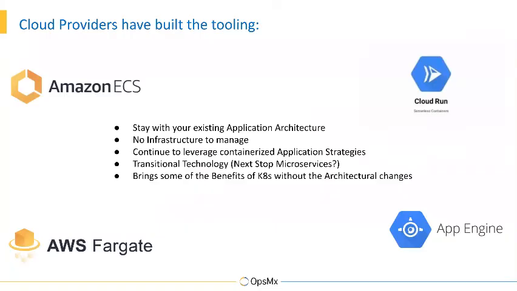And like anything else, the cloud providers have built the tooling for us. They've put together Elastic Container Services, Cloud Run from Google, Fargate and App Engine, from AWS and Google respectively. And this is just an example, guys.